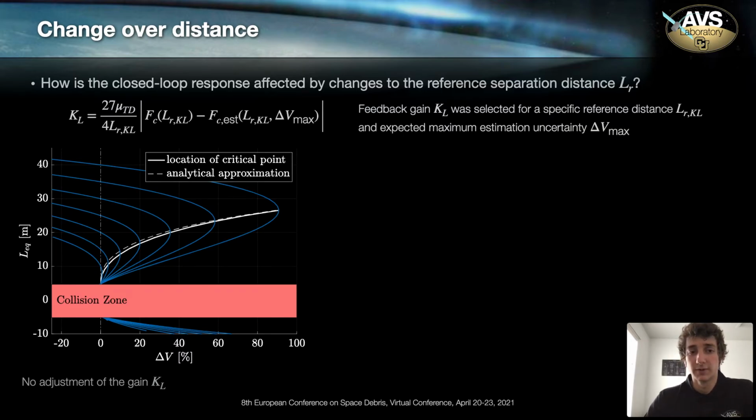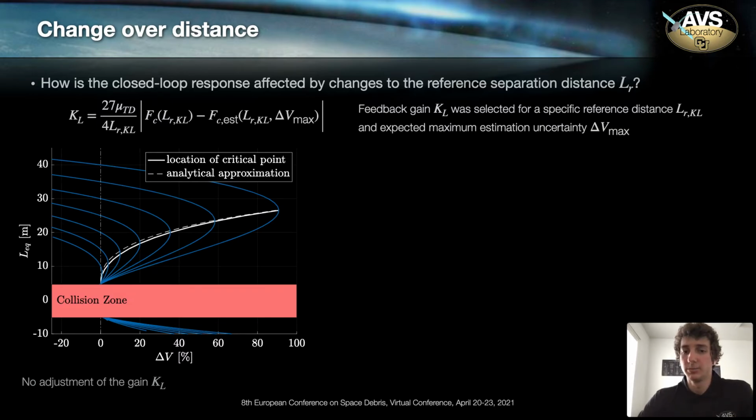So if we increase the reference distance, then the critical estimation error will increase as well. But if we decrease the reference distance from 20 meters to, let's say, 10 meters, then the critical estimation error decreases as well to just a few percent, meaning that even though we expected to have a stable closed loop response for estimation errors up to 10%, the two spacecraft might actually collide for an estimation error of just 5%.